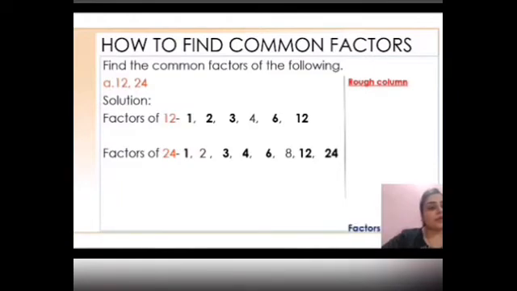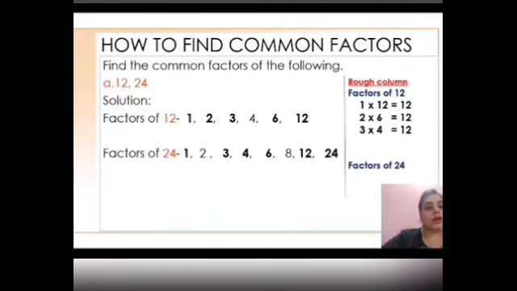Just now we have seen, first we find the pairs of numbers which give the product 12. 1 and 12, 2 and 6, and 3 and 4 are the 3 pairs of numbers which you multiply to get 12. So the factors of 12 are 1, 2, 3, 4, 6 and 12.